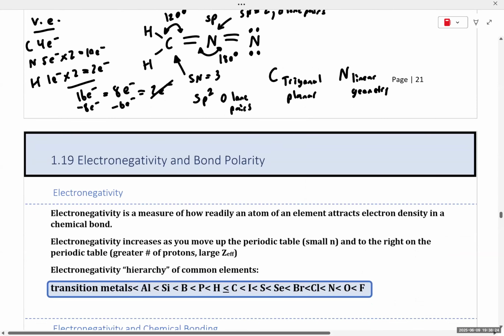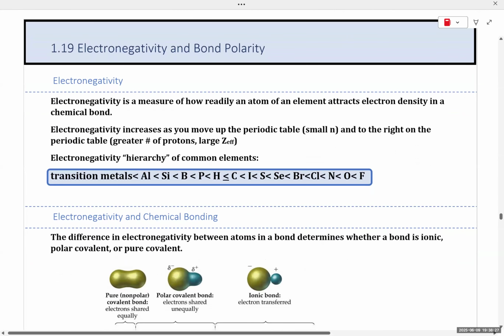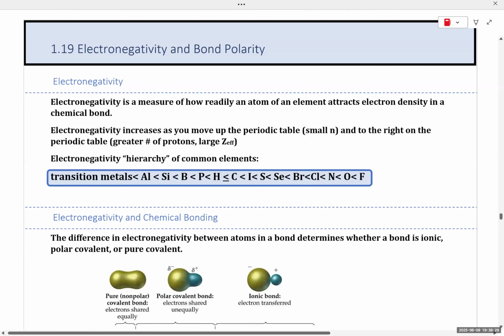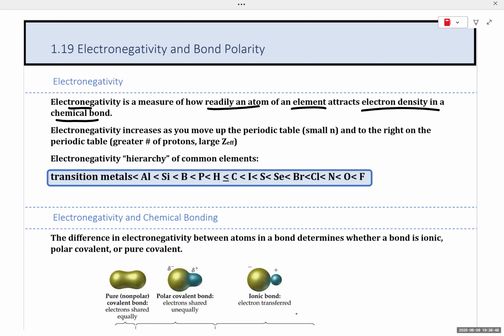Okay, so one thing that we have to consider when we look at a given bond is the distribution of electron density in that bond. And to do that, we're going to need to look at electronegativity and its impact on bond polarity. Electronegativity is a measure of how readily an atom of an element attracts electron density in a chemical bond.